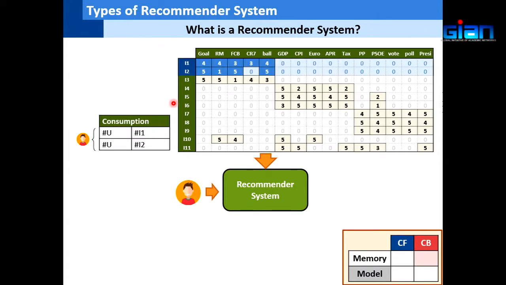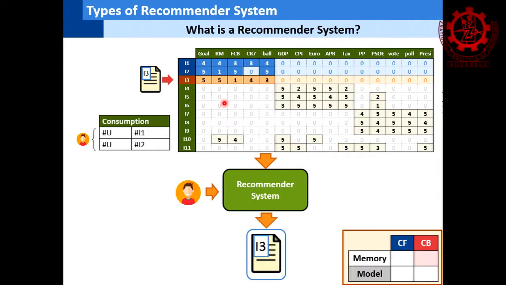As you can see here, this user has consumed item I1 and item I2. What recommendations do you think the system may recommend? I3. Why this recommendation? Because it seems that this item deals with the same topic as items I1 and I2, which the user has consumed.